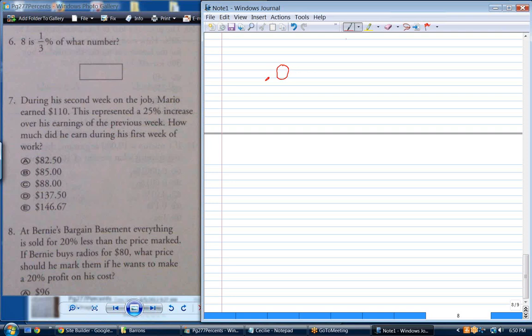Which is what in decimal? So it's 0.333333. Well, so they're saying 33% of x equals 8.